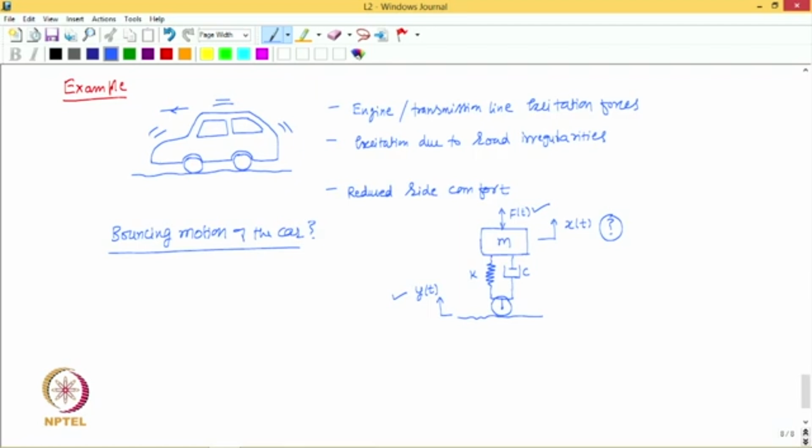Now, this particular model describes the bouncing motion of the system by one coordinate, x of t, right. So to describe the displacement of the car using this model, we require only one coordinate to prescribe the displaced configuration, and hence the degree of freedom of this model is 1.